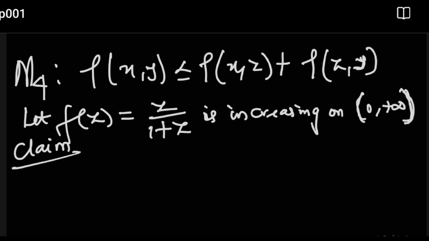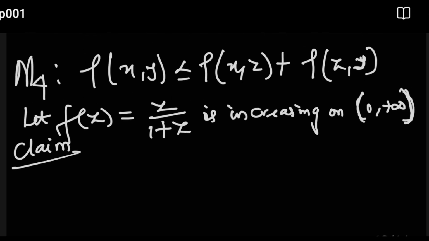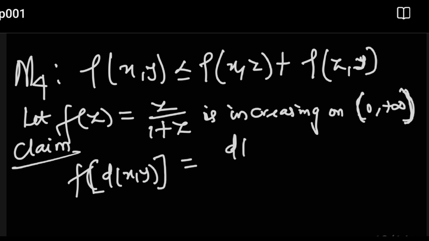If we let z be d(x,y), that shows f of d(x,y) equals d(x,y) over 1 plus d(x,y).